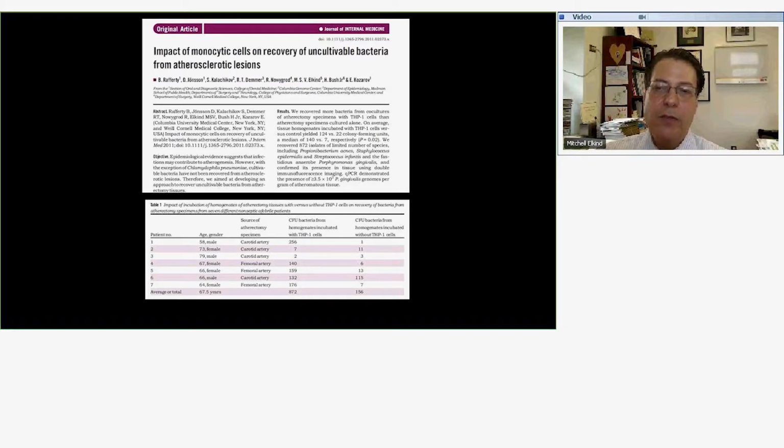And that's because several of these organisms are helped by monocytes, and sometimes they only survive within the monocytes themselves. And so by doing that, they were able to identify a number of different pathogens in carotid and other plaque specimens, some of which are common in periodontal disease.